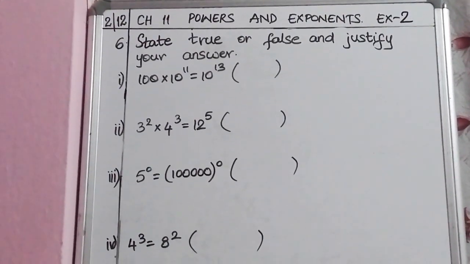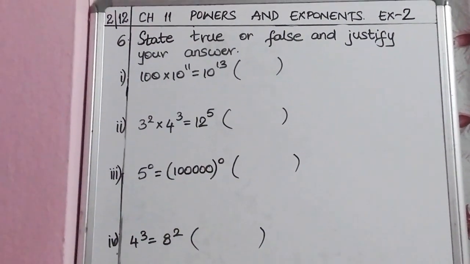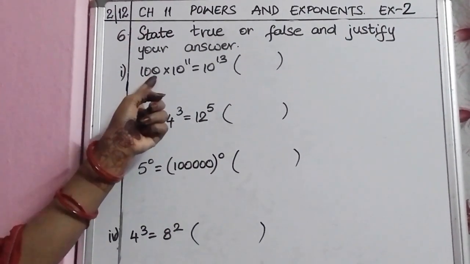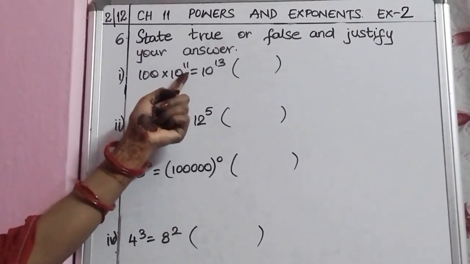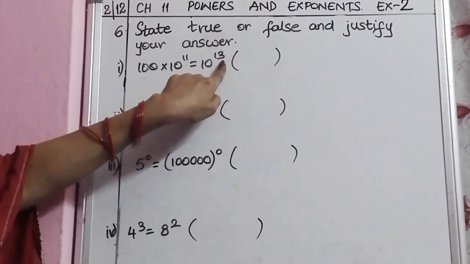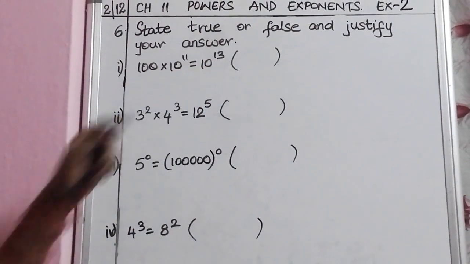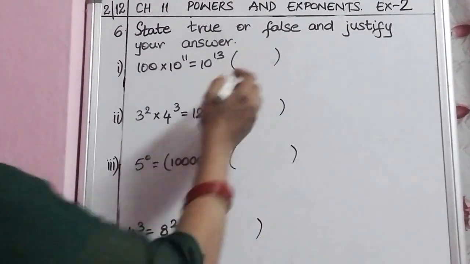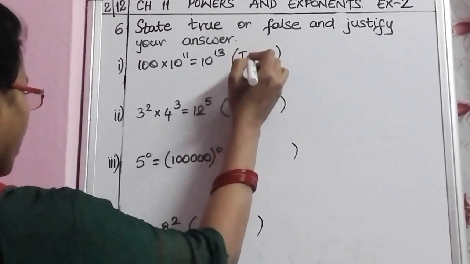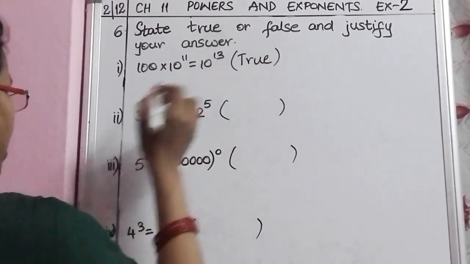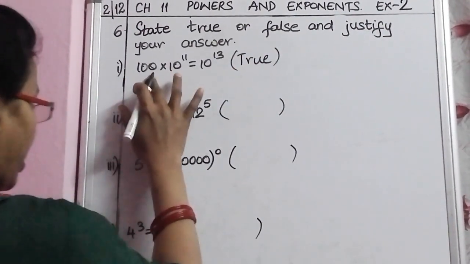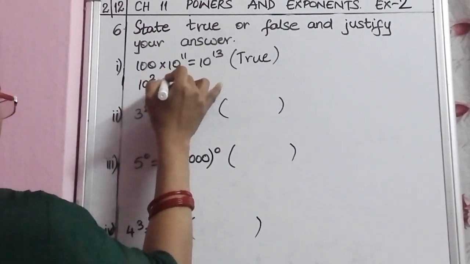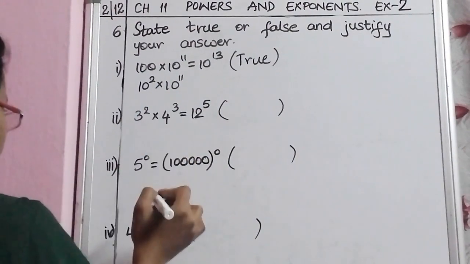Let us do the sixth problem. State true or false and justify your answer. So 100 into 10 to the power 11 is equal to 10 to the power 13. This is the question given. Is it true or false? It is true. How can you justify? 100 you can write it as 10 to the power 2 into 10 to the power 11.